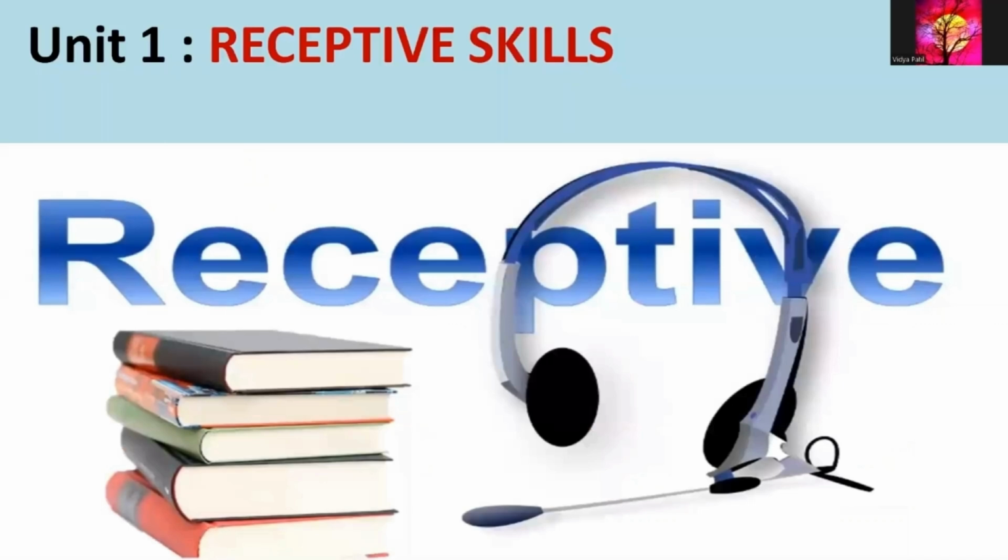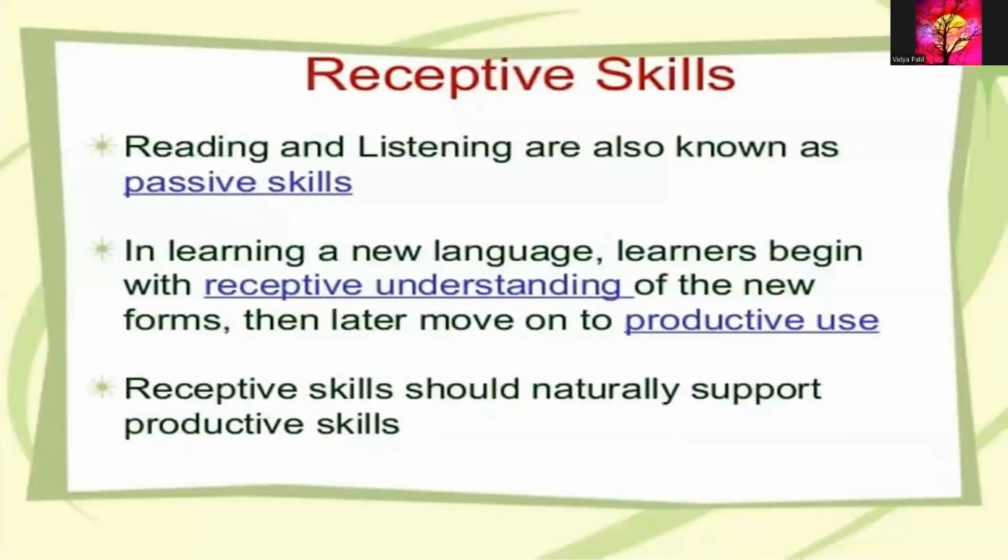So, let us now see which are the topics which we will be studying under the receptive skills. Receptive skills, that is reading and listening, are passive skills. Whenever we are learning a new language, learners begin with the receptive understanding of the language and then they move on to the productive use.